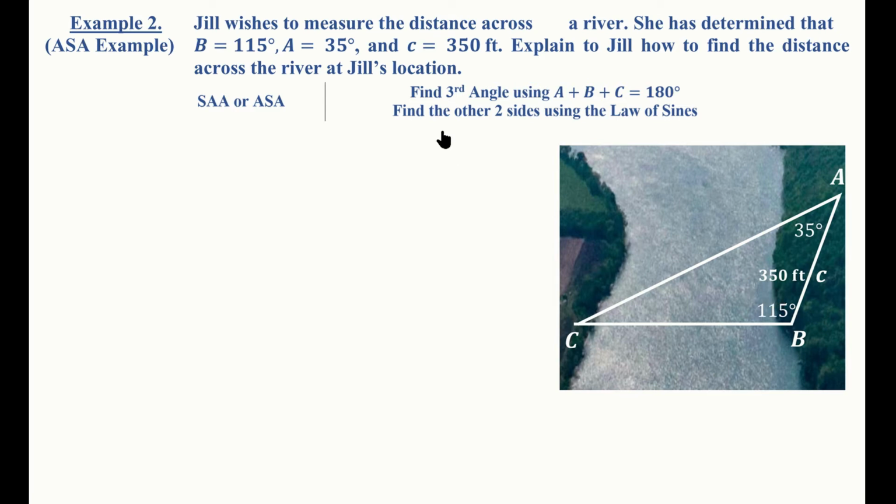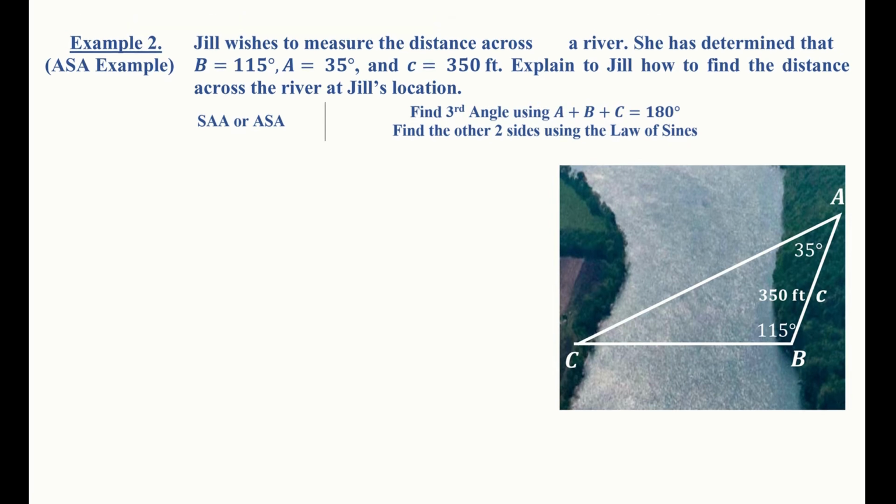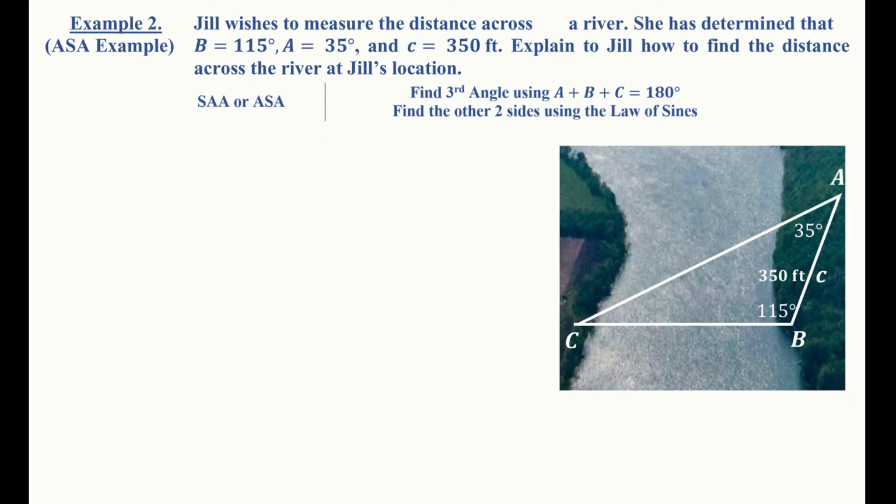So we are going to go ahead and utilize the law of sines again. Since we're given C, we're obviously going to want to get angle C involved. So that's the first thing we'll do. We'll find the measure of angle C, which is simple because it's just going to be 180 degrees minus 115 degrees minus 35 degrees.